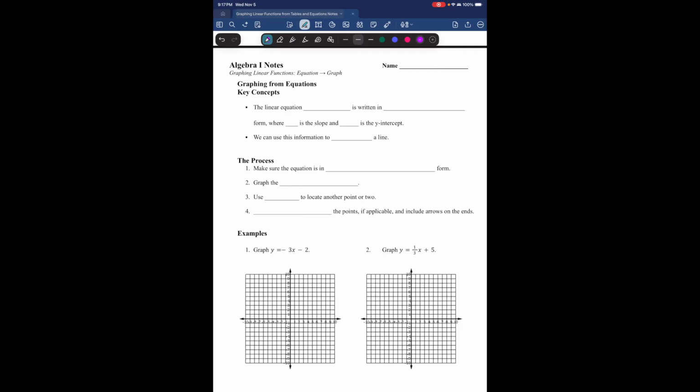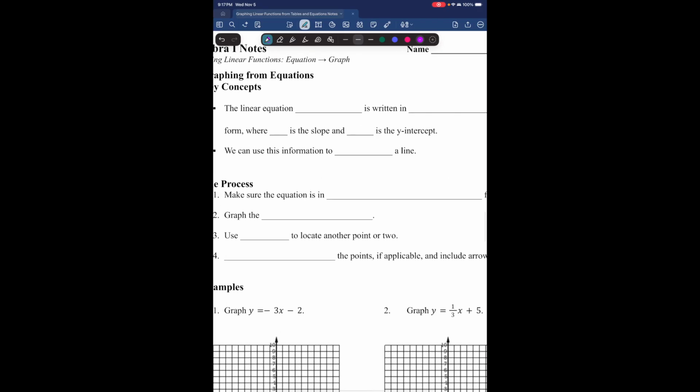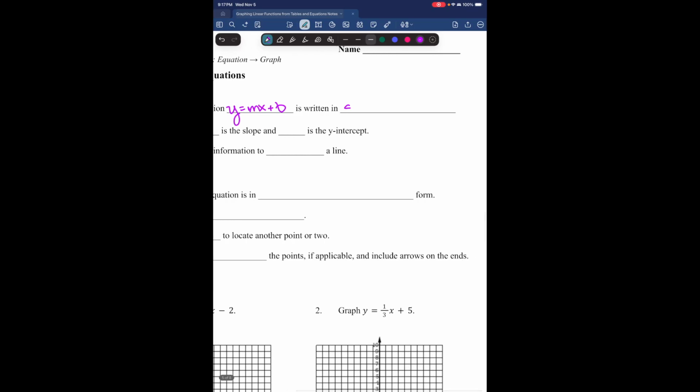Alright, so the linear equation is written in slope-intercept form, where m is the slope and b is the y-intercept. This is going to be the linear equation y equals mx plus b.